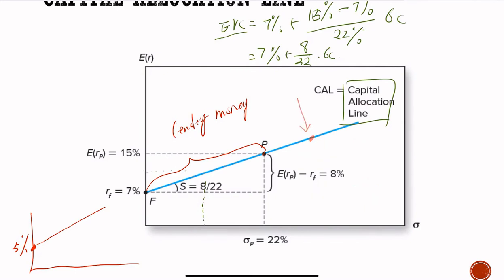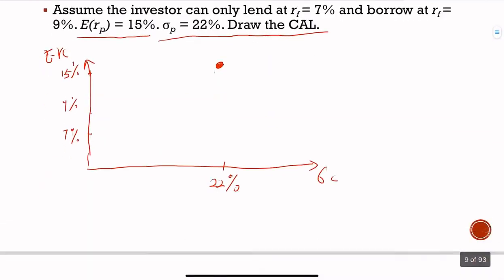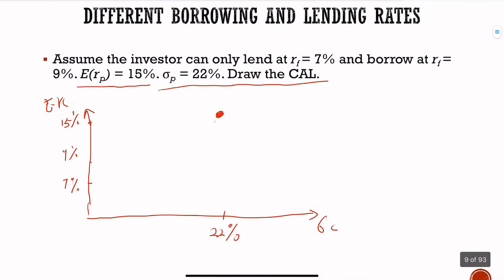And on the right side of portfolio P, you're borrowing money, so you will have a different interest rate. To be more specific, you should use the interest rate when you're borrowing money, right? Okay, great. Now, what is the rate if you lend? Oh, it's 7%. So we just connect this. And on the right side of portfolio P, you're actually borrowing money, so we should use a different rate, 9%.